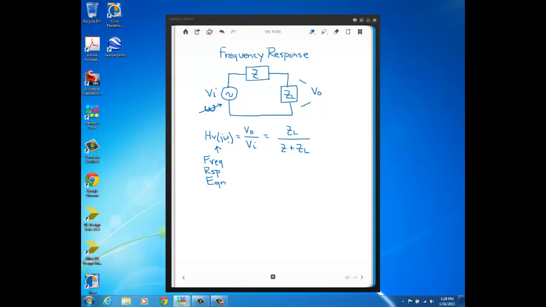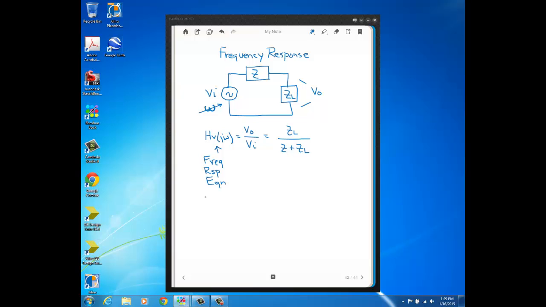But the most common one, and the one we're going to use in this class, is a ratio of V out to VI, where V out is the voltage across a load impedance. The frequency response equation defined this way is just equal to the load impedance divided by the ZEQ of these two series impedances, or Z plus ZL.